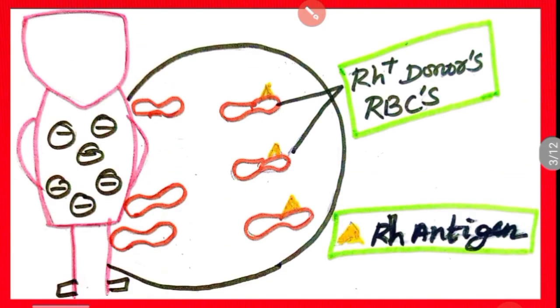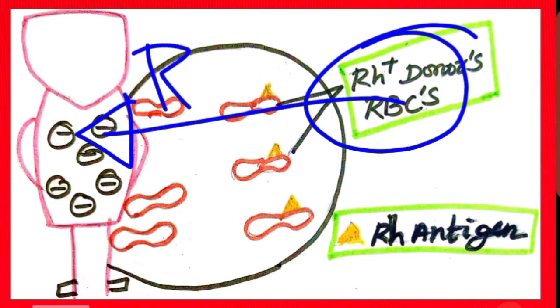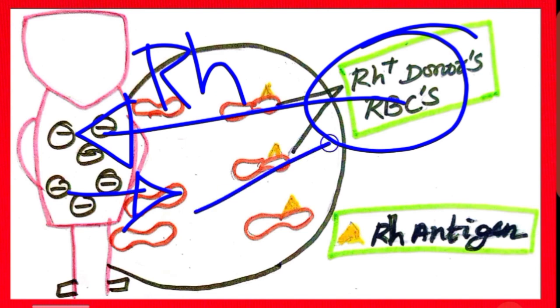If blood from an Rh positive donor is transfused to an Rh negative recipient, that recipient shows an immune response against the Rh positive donor RBC.